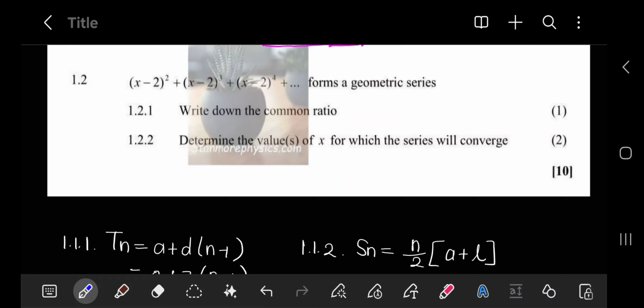So 1.2.1 says write down the common ratio. So we need to know what r is here. Just by looking at it, we can see that r is x minus 2. So you can actually just write that as your answer. But if you want to see how this would be calculated, I'm going to take term 2 over term 1.